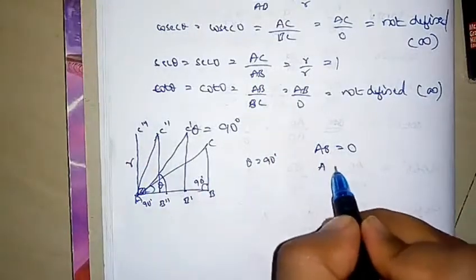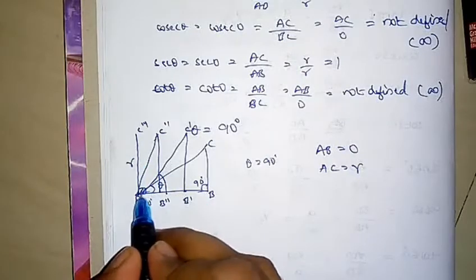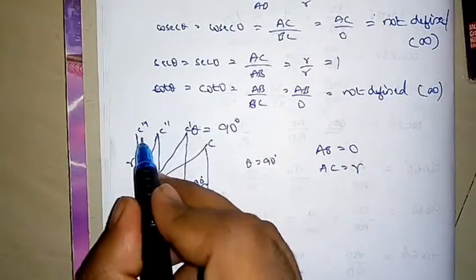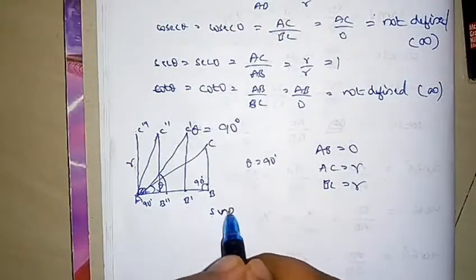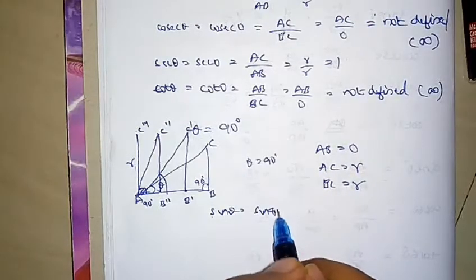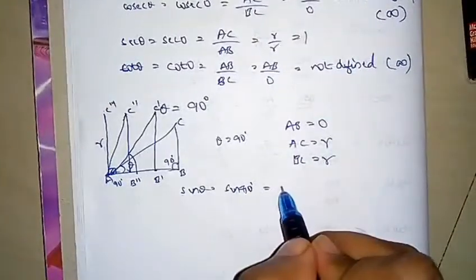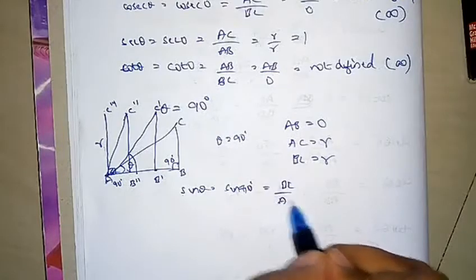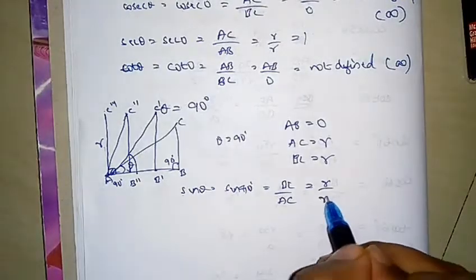And BC will be equal to r, since these two points coincide. Now sin theta is equal to sin 90, which will be equal to opposite side BC by hypotenuse AC. So BC is equal to r and AC is equal to r. This will be 1.